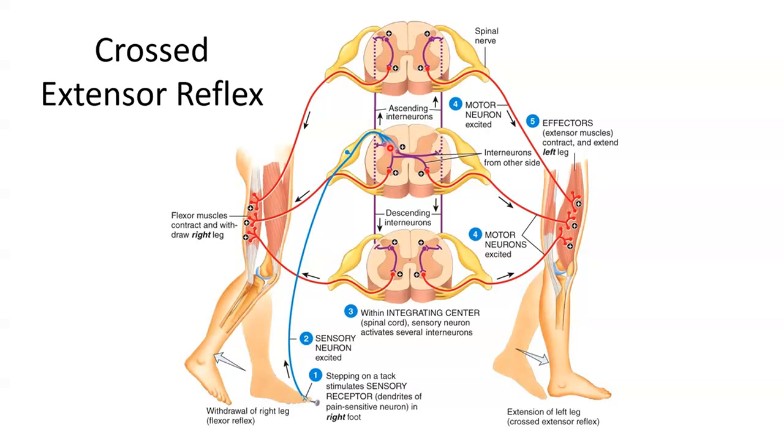These will synapse with motor neurons both on the left and the right sides of the body. So the interneurons that excite motor neurons will innervate the muscles on the right side of the body so that we can now flex this leg and take our foot away from the painful stimulus.